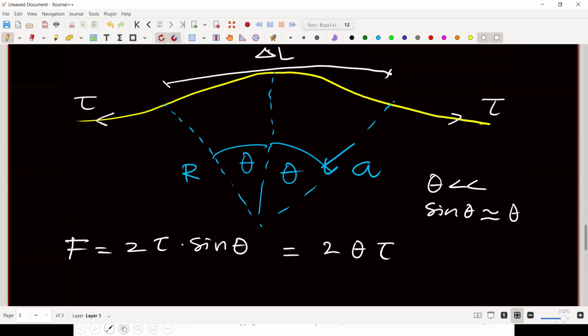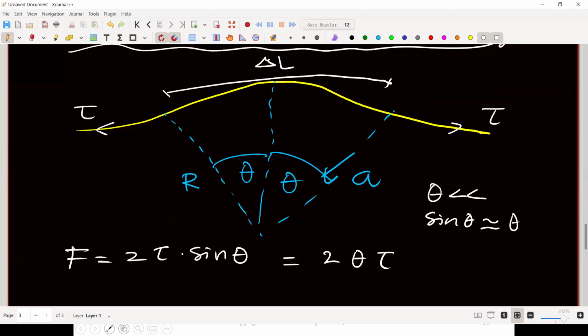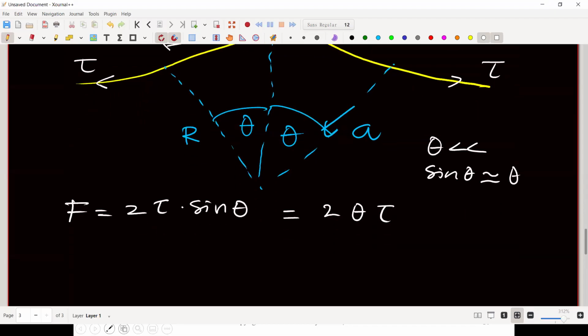What is theta? Theta here is delta L divided by R. So this one is 2 tau delta L divided by R.